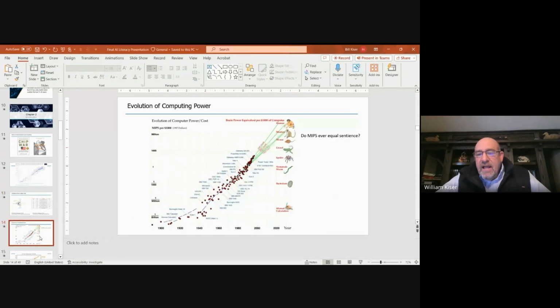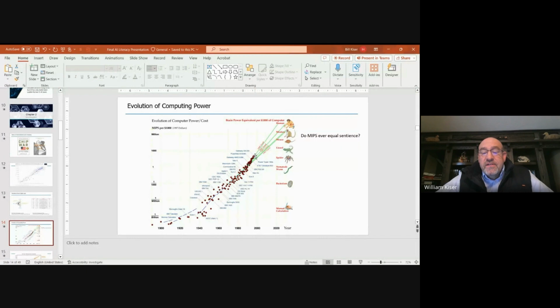Now, I love this. It's a little old. It's been around a long time, but I think this is a great graph. It shows two things. It's not just showing you the number of transistors against Moore's Law. It's showing you million instructions per second per $1,000, right? So you can see that if you spend $1,000, the number of million instructions that you get continues to increase.